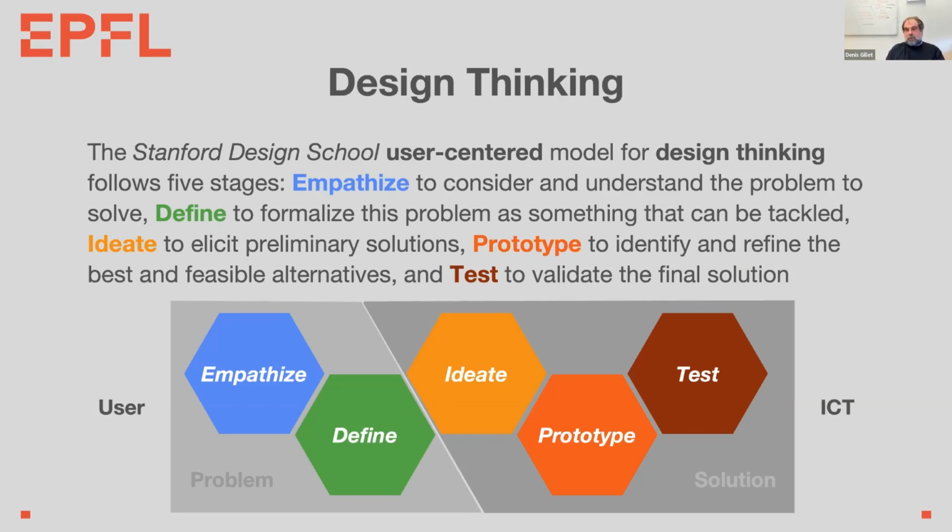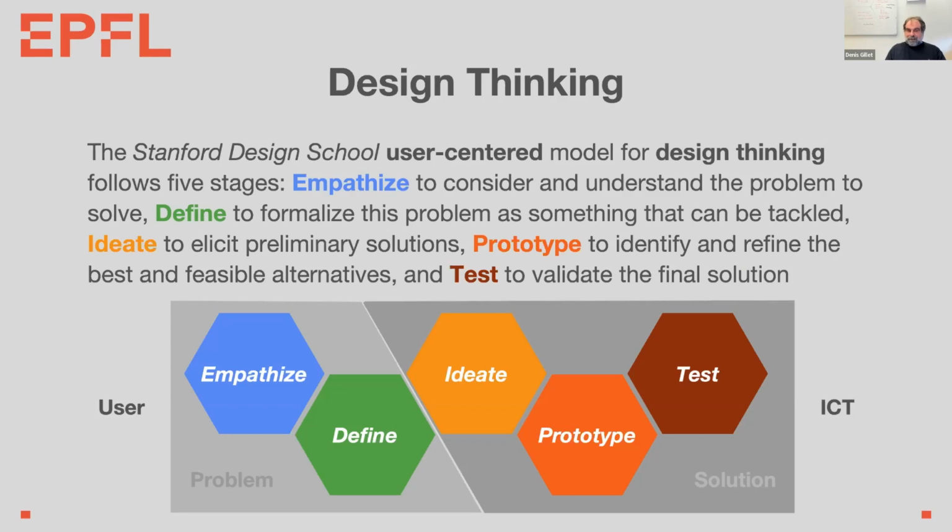And finally, you have to test the solution. And this approach can be used for tangible devices, product, services, but in our framework, it's more for information and communication technology at large.